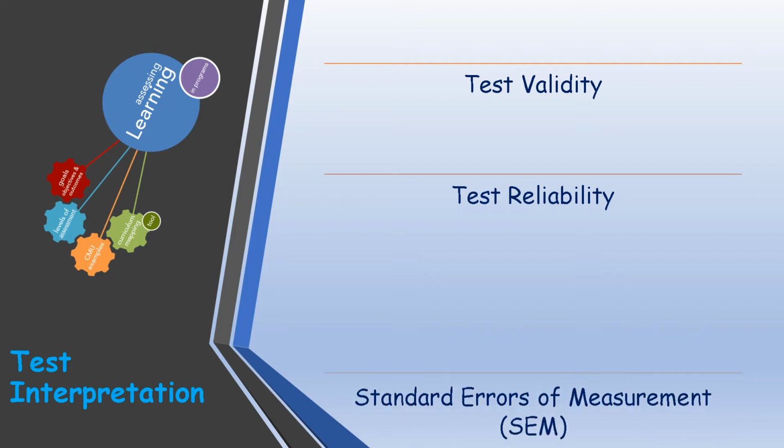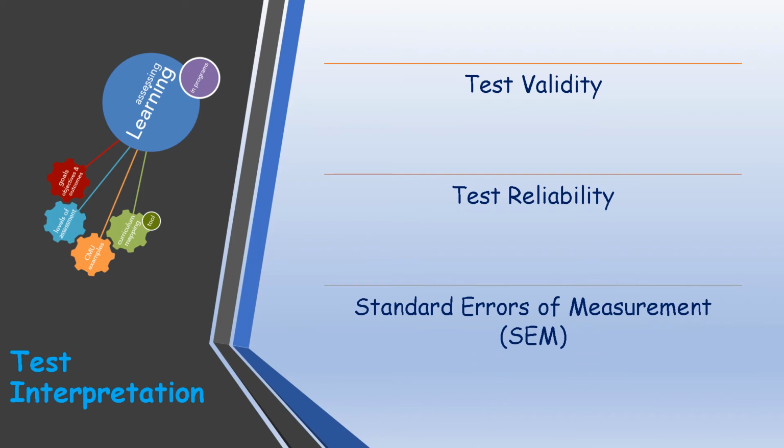And the last one is standard errors of measurement or SEM. It is a statistic that provides an estimate of the possible magnitude of error present in an obtained score. If you have more questions on this, you may ask your statistics teacher. And that's it for formal assessment.